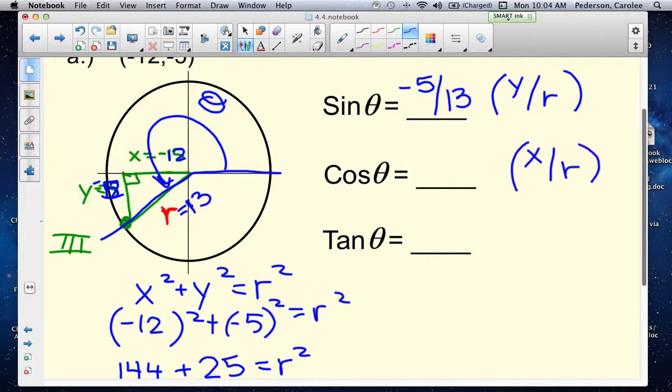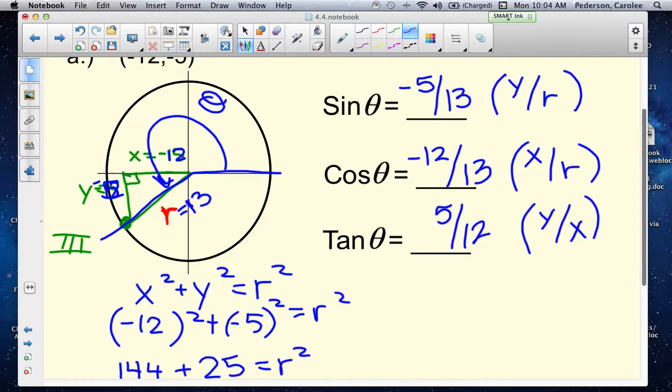So x was -12, r is 13. And then tangent, y over x. So negative 5 over negative 12. Negative, negative turns into a positive.